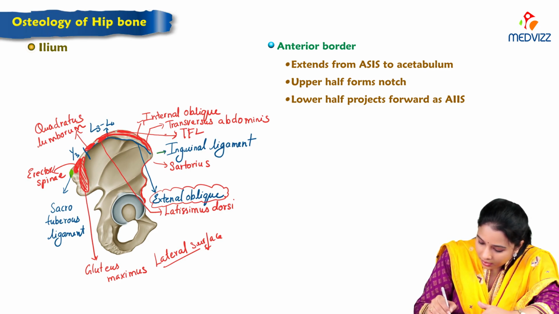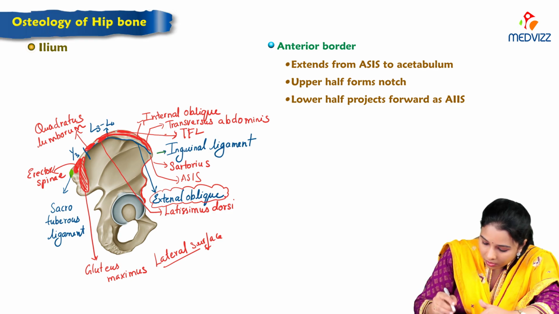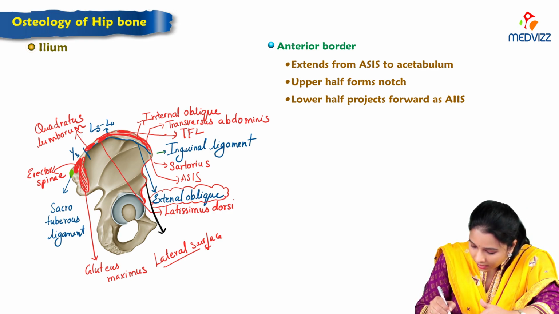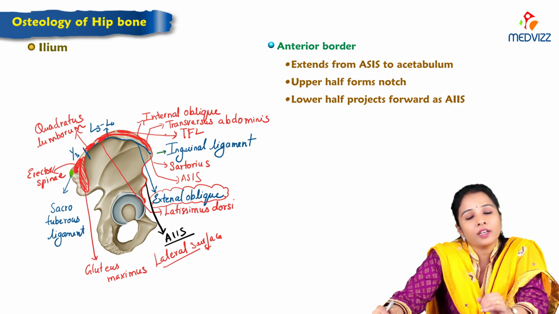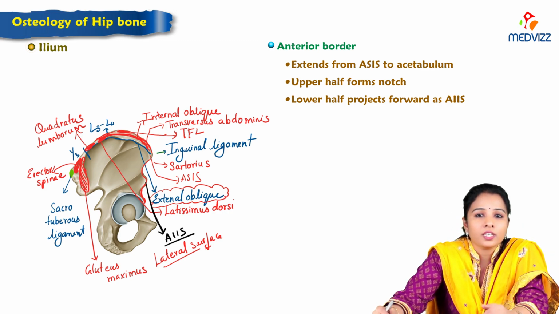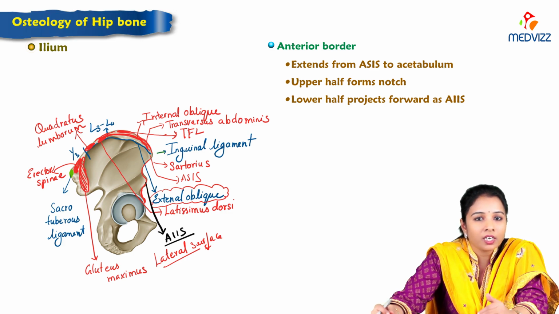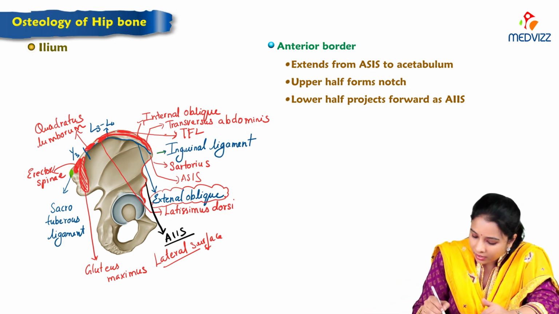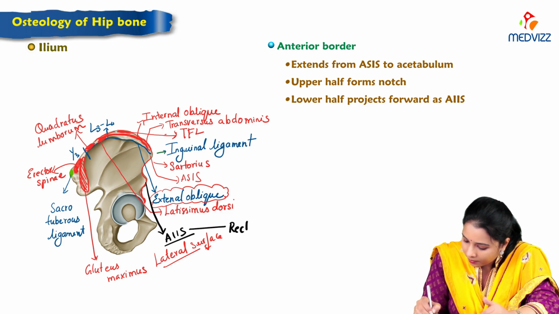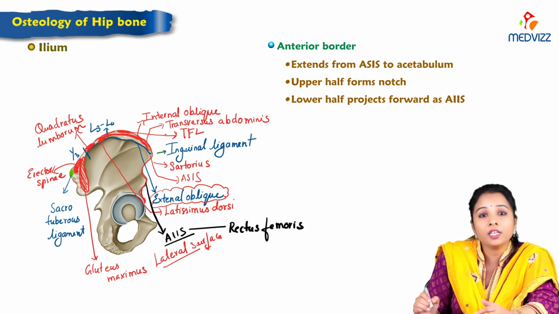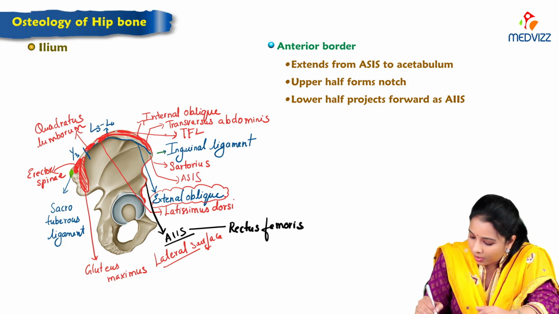So now we know this one is the anterior superior iliac spine, and the projection which is down is the anterior inferior iliac spine. It gives attachment to a muscle and a ligament. The muscle is rectus femoris, and the ligament is the iliofemoral ligament, lower part of the iliofemoral ligament.